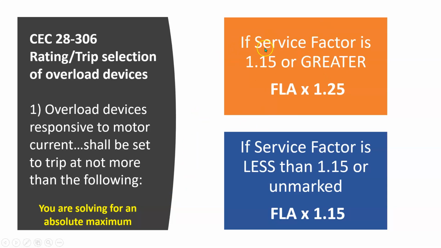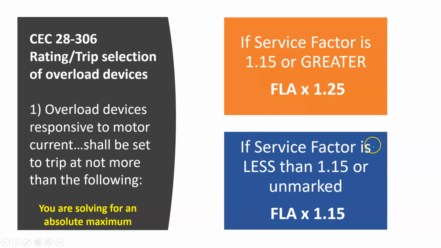So here, you can write this down in your code book somewhere, or on the back of your hand, or whatever you want. But the rule is, if the service factor marked on that motor is 1.15 or greater, you're going to take the full load amps of that motor, which is also stamped on the motor label, and multiply it by 1.25.